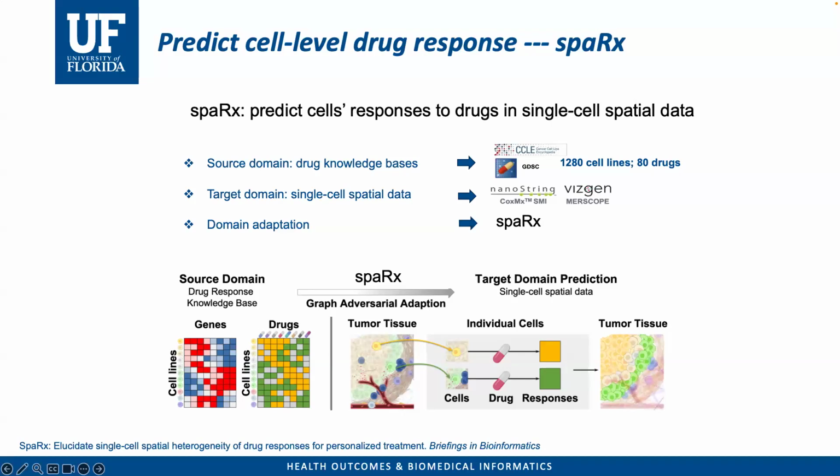And the goal of this model is to uncover the cell's response to drugs on the spatial slide so that we understand, of the tumor cells on the spatial slide, which tumor cells respond and which do not. So the goal is to transfer the drug response knowledge to the new single cell spatial data.